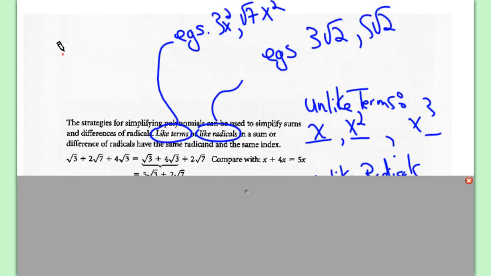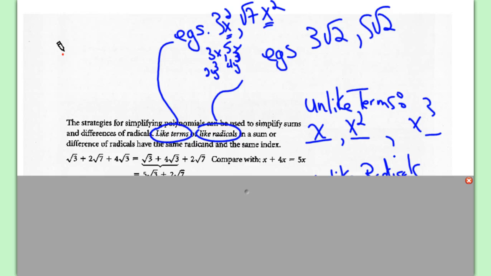It's the variable and the exponent that make it a like term. What are other examples of like terms? Well, obviously 3x and 5x, those are like, and 2y cubed and 4y cubed, those are like terms. So it's the variable and the exponent that make it like terms.